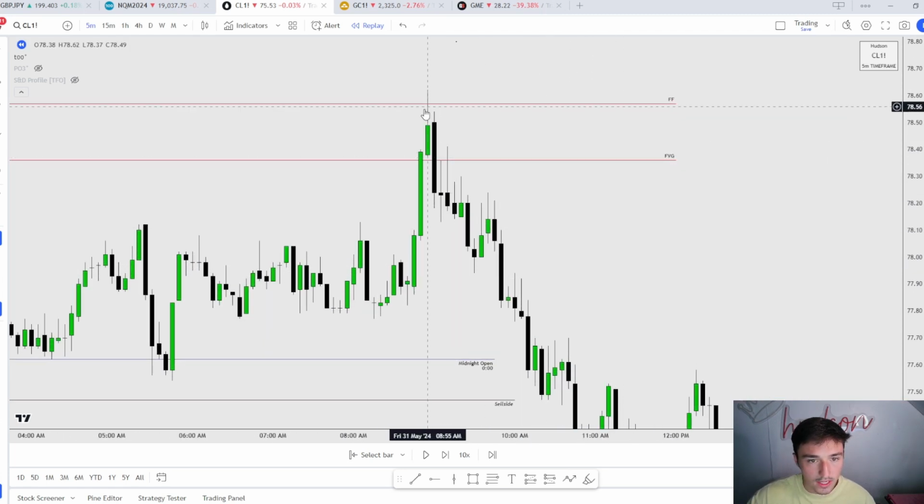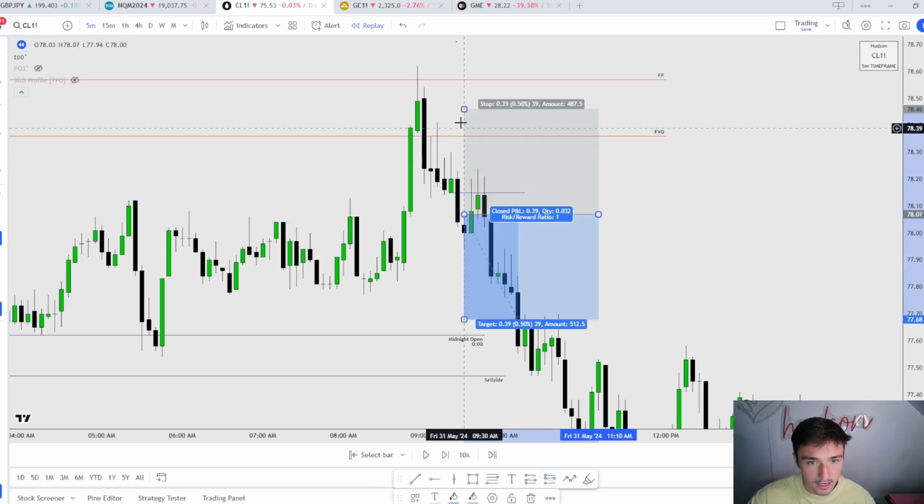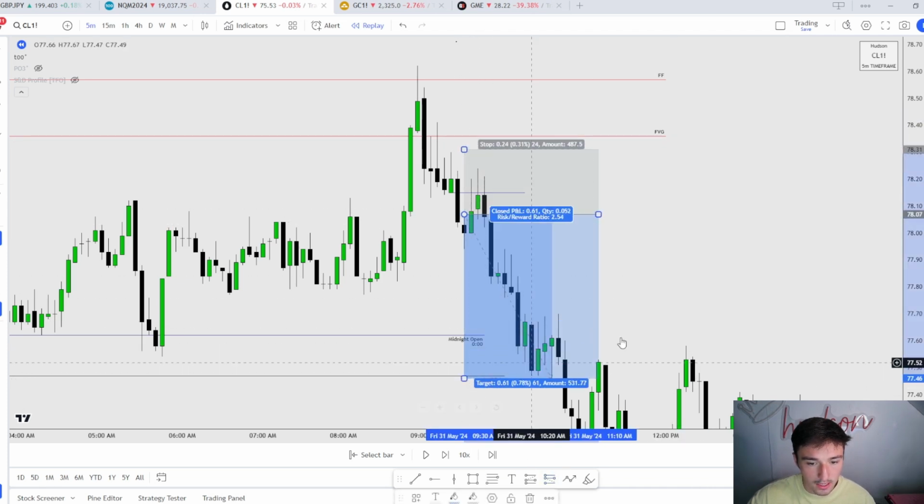Right here, we come into that fair value gap. This would be your low risk sell fair value gap with an order block, so high probability. But if you want to take a distribution or an accumulation phase, fair value gap number 1, boom, short here, stop above a swing high, target that sell side, boom.